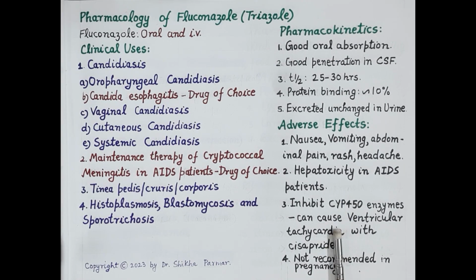By inhibiting the metabolism of drugs like warfarin, phenytoin, cisapride, astemizole, it increases their plasma concentration, and ventricular tachycardia has been reported due to the interaction of fluconazole with cisapride, and as discussed, it is not to be used during pregnancy.